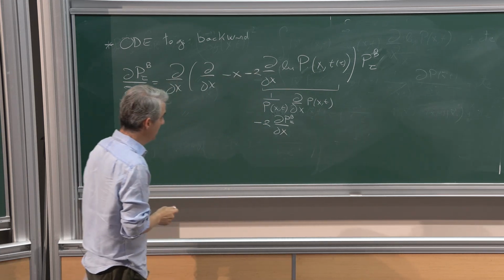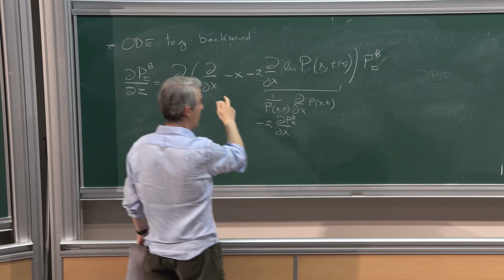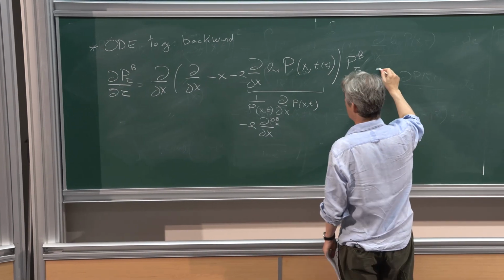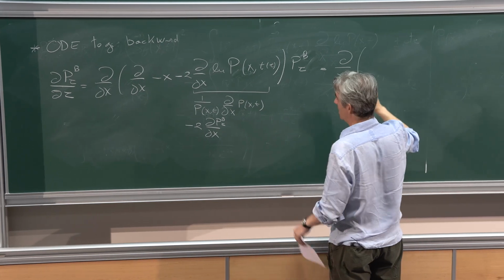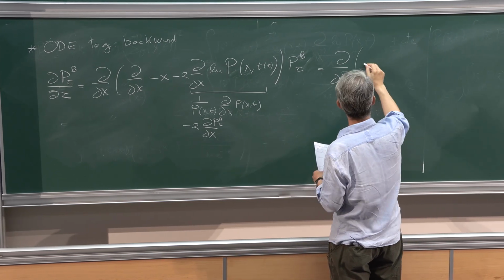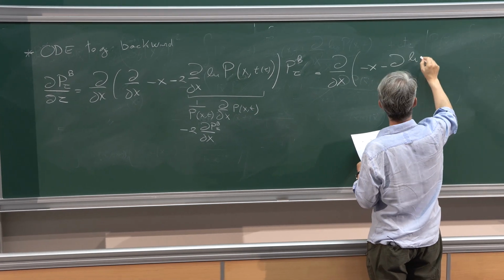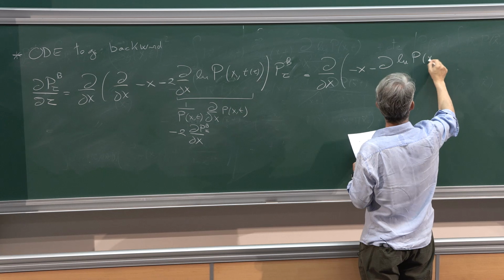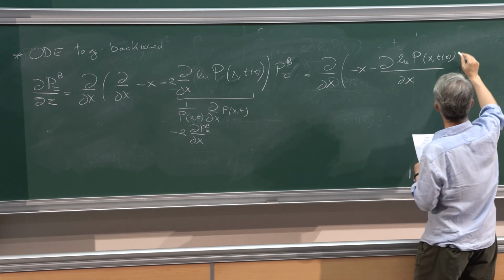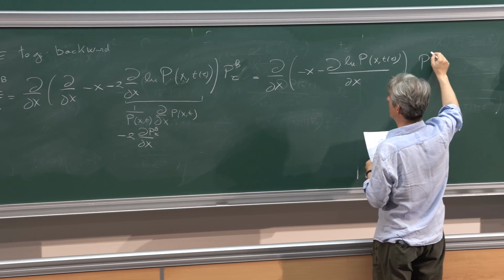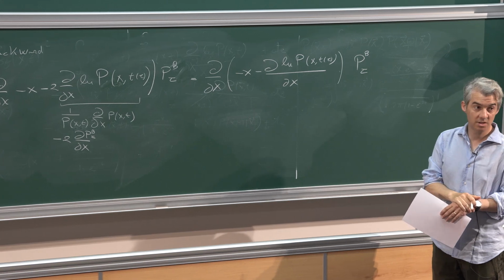So I can rewrite this as dx of, let me get the sign right, minus x minus the derivative of log of p of x, t of tau, dx applied to p backward of tau. You can just rewrite this equation in this way.